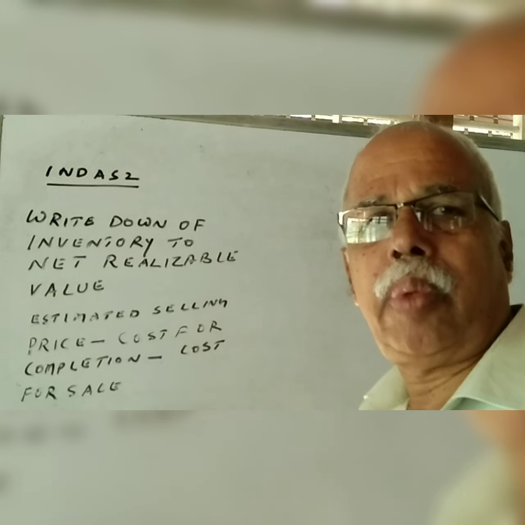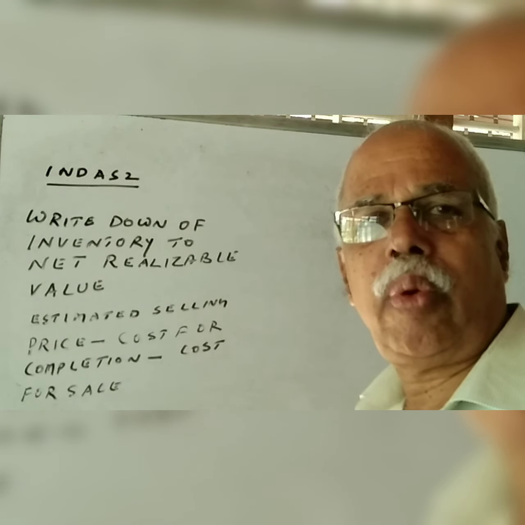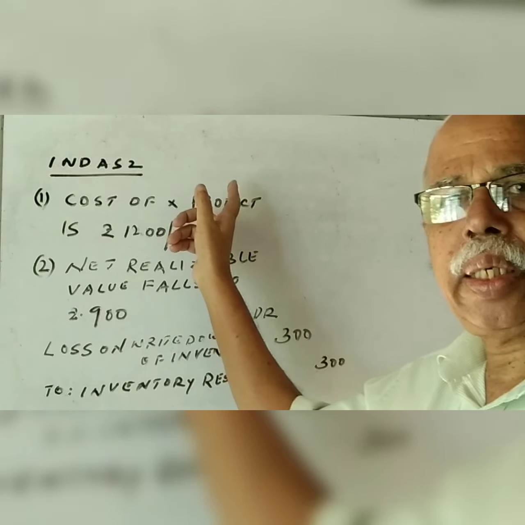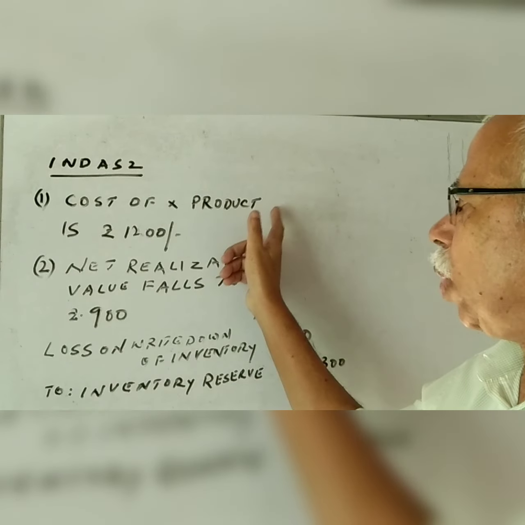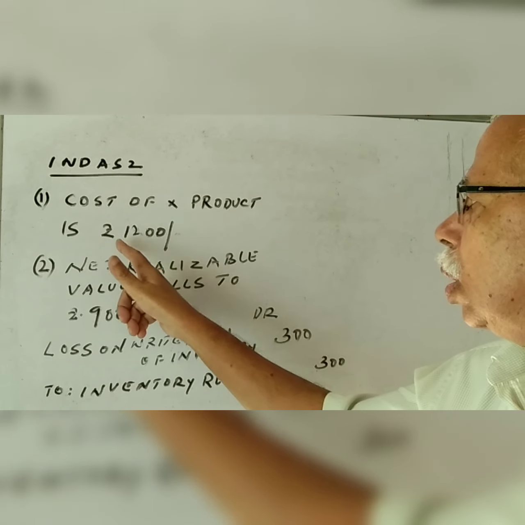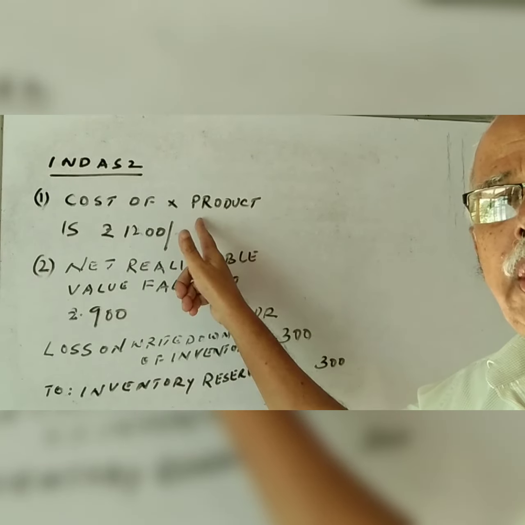I will cite an example so that the concept will become very clear to you. Assume that the cost of a product a company had in stock was rupees 1,200.